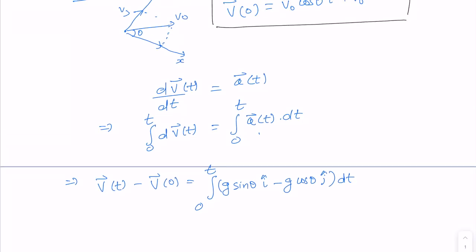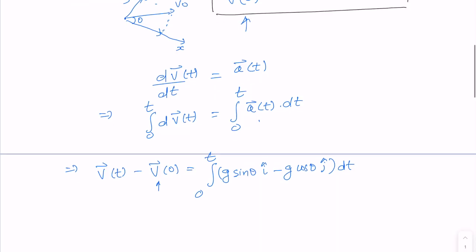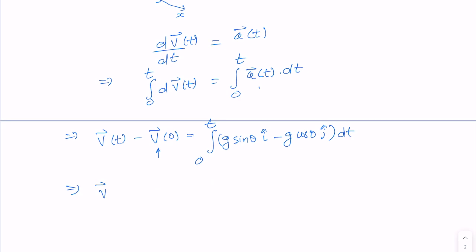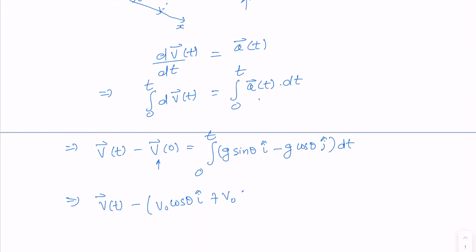And the value of v0 can be substituted from here: v0 cos theta i plus v0 sine theta j. So v(t) minus v0 cos theta i minus v0 sine theta j equals gt sine theta i minus gt cos theta j.